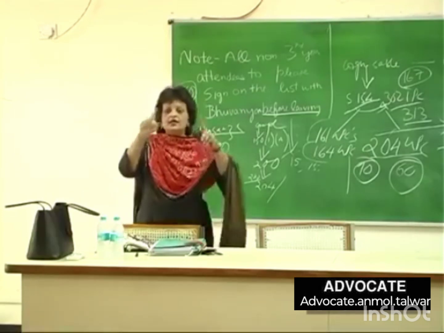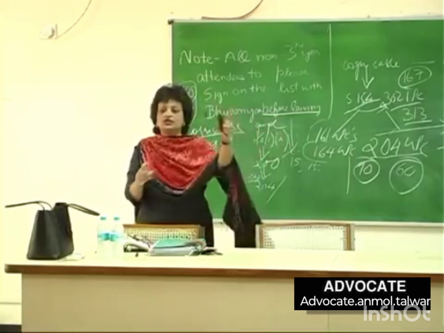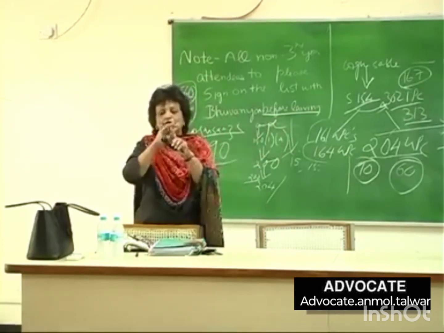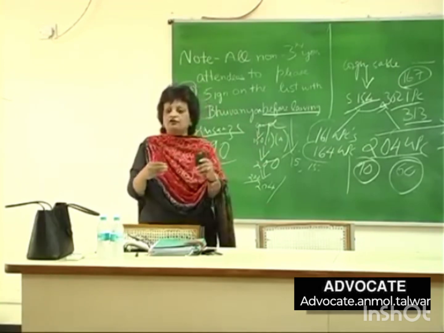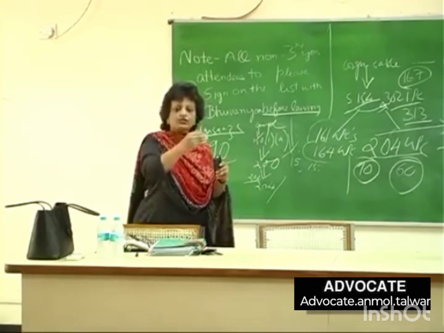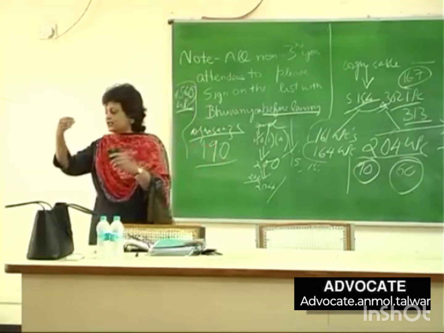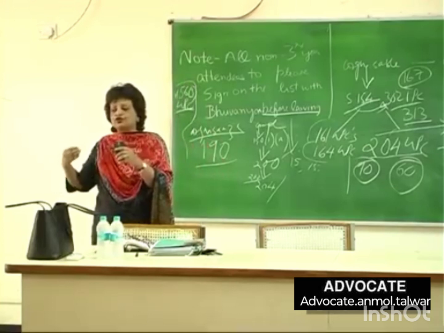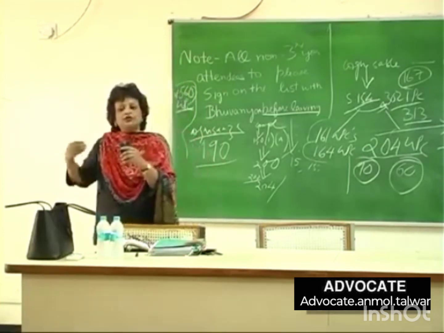But otherwise, for the structure of the journey from investigation to trial, it is sufficient for you to remember that, irrespective of which court is trying the offense, there are stages of cognizance, there are stages of committal, there are stages where the prosecution opens its case and argues on charge, and the accused argues for discharge.